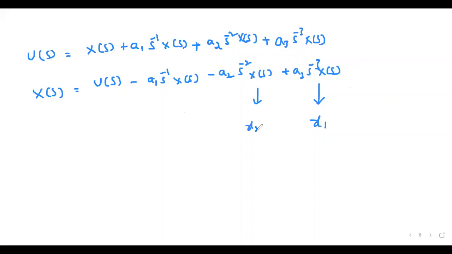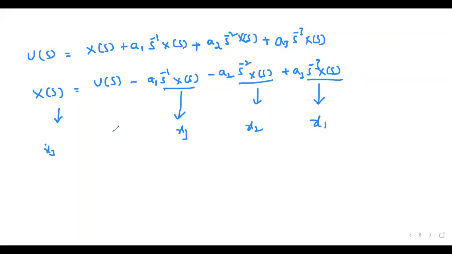So I'll assume this is x2 and this is x3, I mean this total. And because of this, one more time derivative, x3 dot is equal to X of s only.